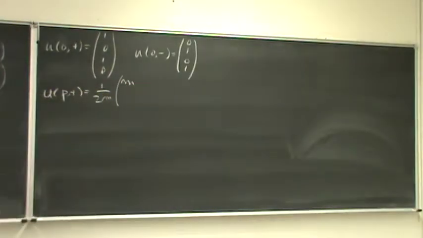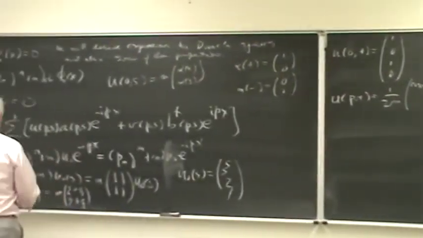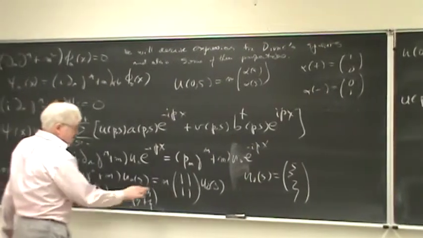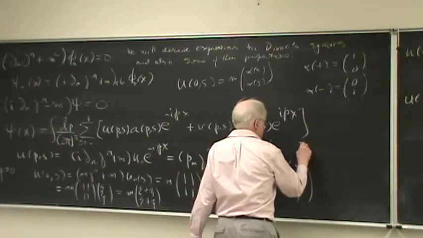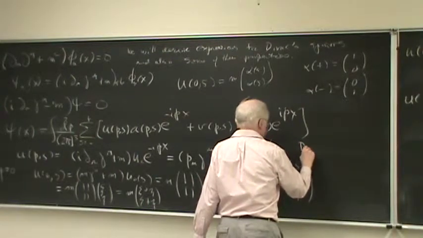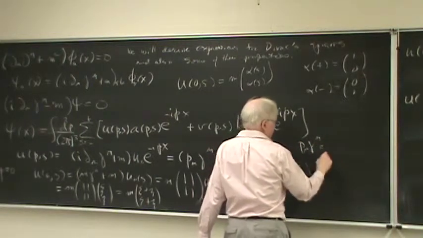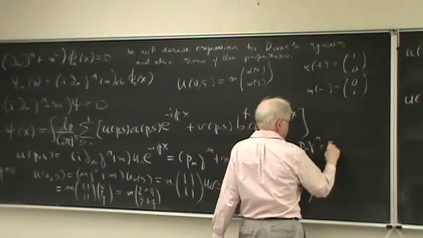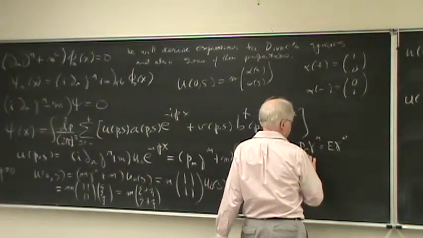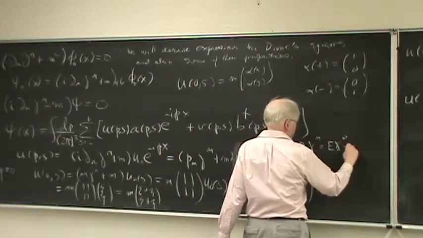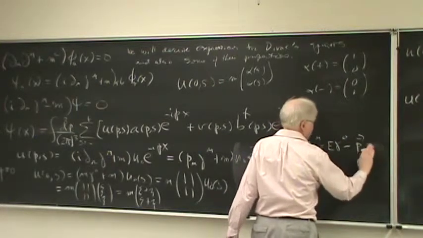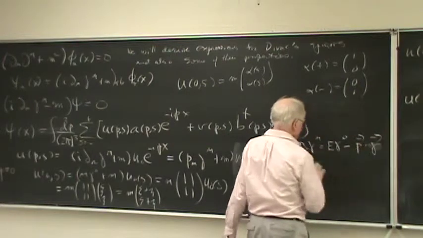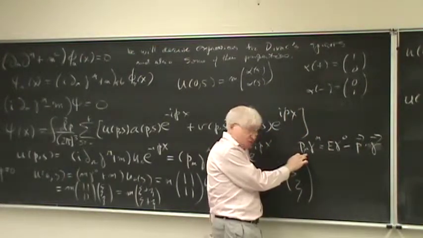All right, so let's see. I'm skipping perhaps a step here. What is this p_mu gamma^mu? Well, p_mu gamma^mu is E gamma^0 minus p dot sigma, p dot gamma. So that's what p_mu gamma^mu is.